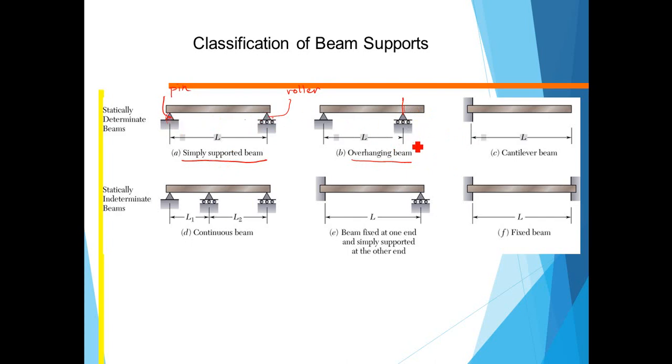For an overhanging beam, the second support is located in between both ends, so one of the supports is in between. And what is a cantilever beam? A cantilever beam is a beam that is supported at one end. That's what we call a cantilever beam.